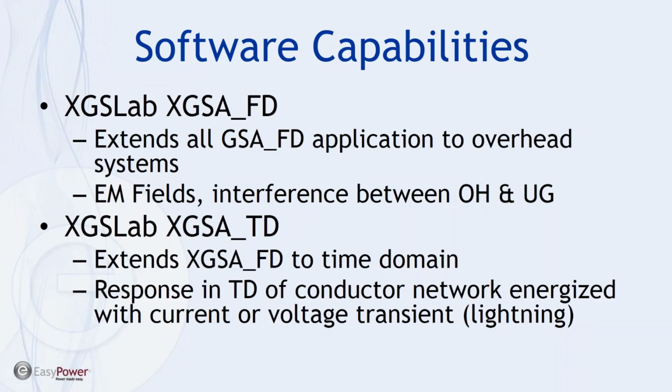So now, in addition to modeling the influence of your underground systems on things like pipelines, you can model the interaction of overhead and/or underground power lines on installations such as pipelines, railways, communication lines. You can calculate the effects of lightning and also the fault current distribution due to a lightning strike.